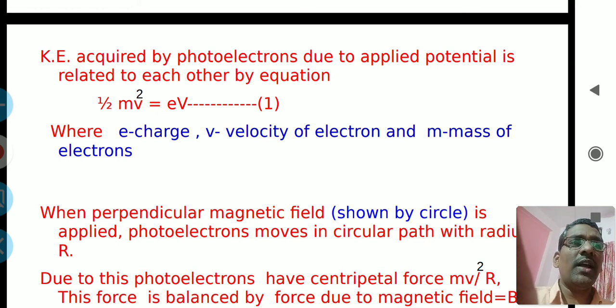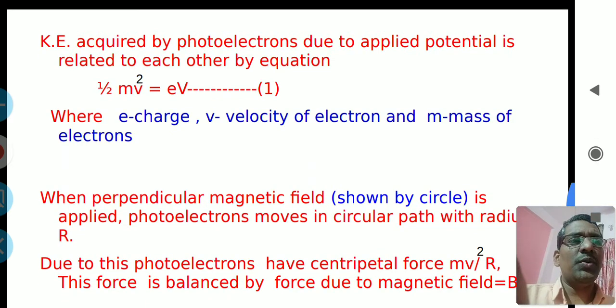When we incident the light, they are ejected from the cathode and they acquire the kinetic energy.